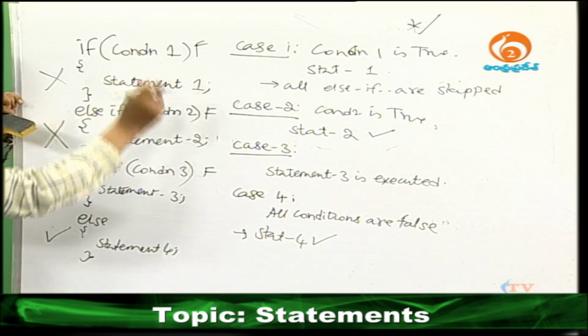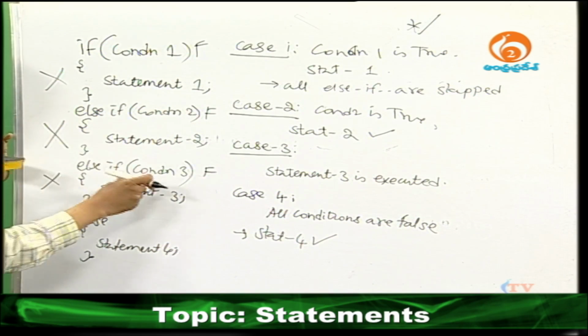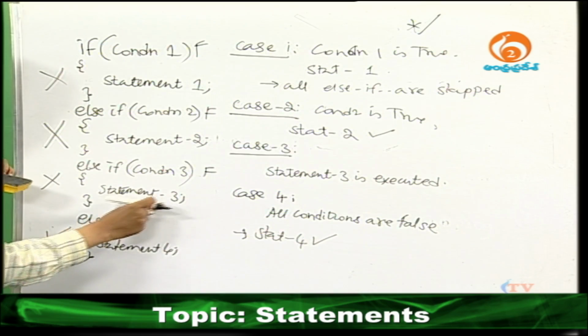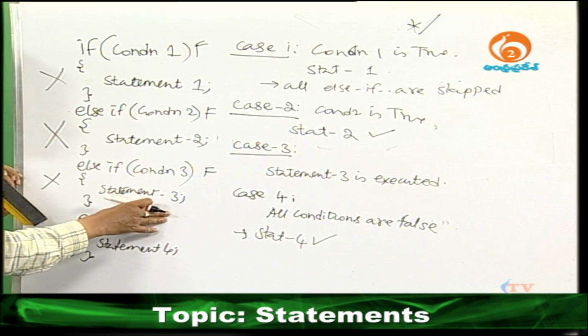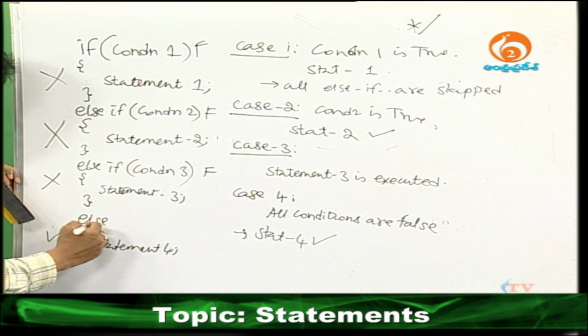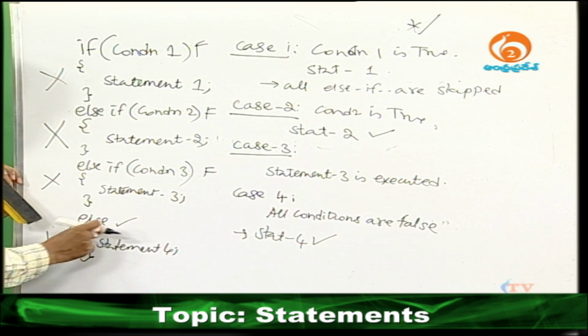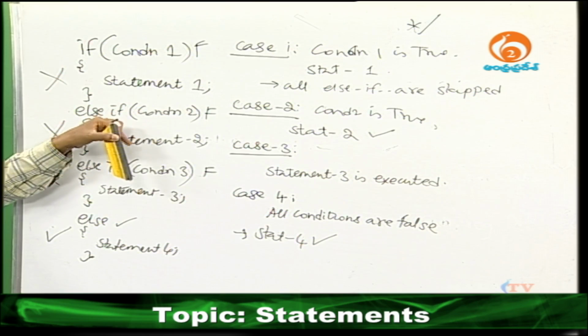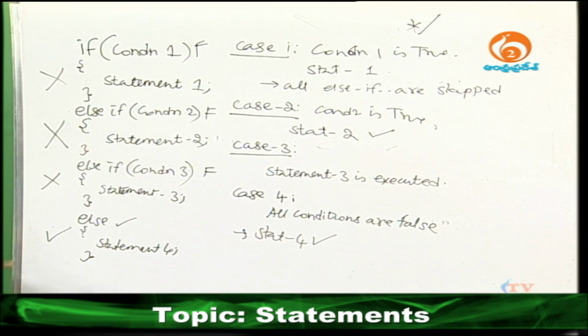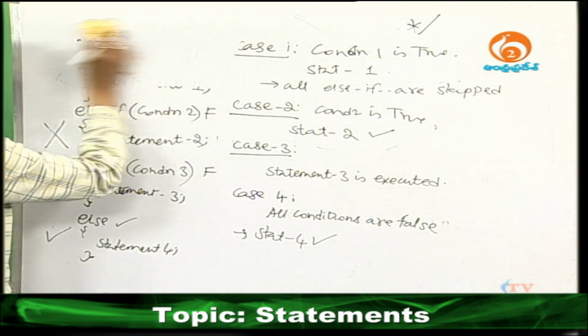Condition 1 becomes false, condition 2 becomes false, so no execution. Condition 3 also becomes false, so statement 3 is not executed. So, if all the conditions have become false, then only the else part is executed, because there is no condition there. This is else if. After else we have to give one space. Else if is written in small letters, because these are keywords. Okay. Next we go for the switch statements.